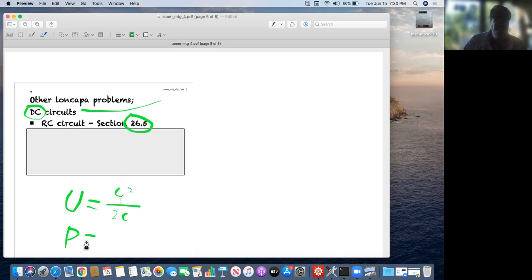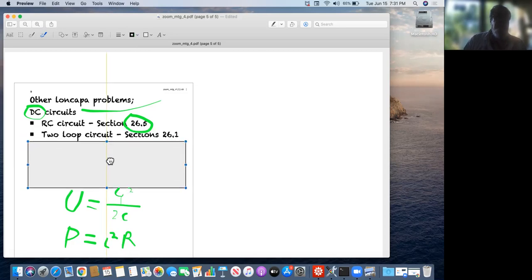So again, you have to know the power dissipated in a resistor is I squared R. And again, if you read section 5, you'll find the equations for Q, which depends on time as the capacitor charges, and I, the rate at which charging occurs, is the current.